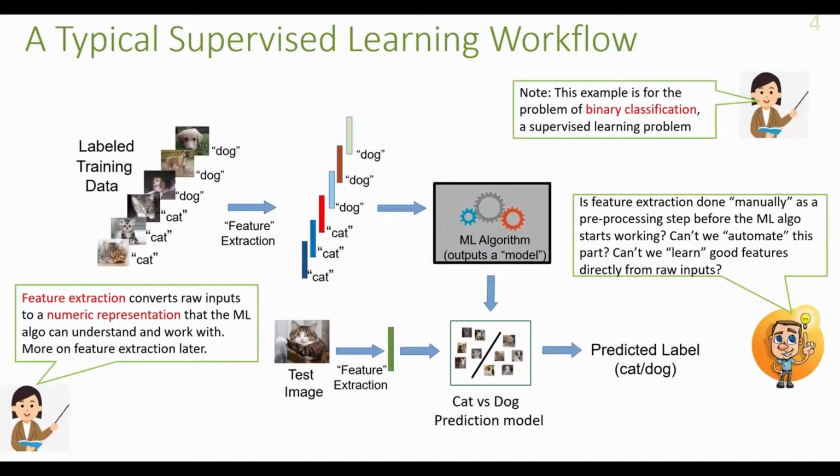I will discuss one or two feature extraction methods. But if we are building a deep learning model, then we don't have to worry about this feature extraction part. It will be automatically taken care of by the network itself, right?